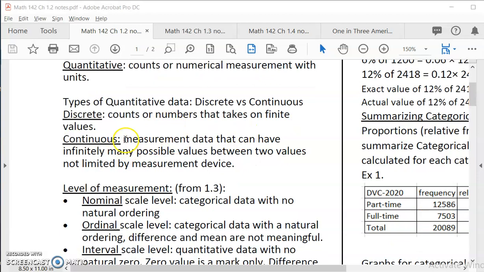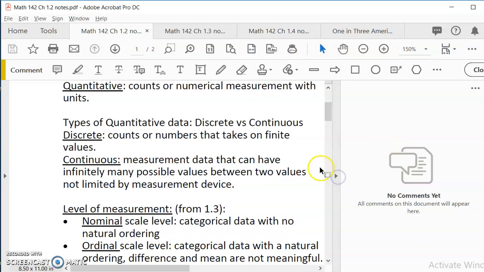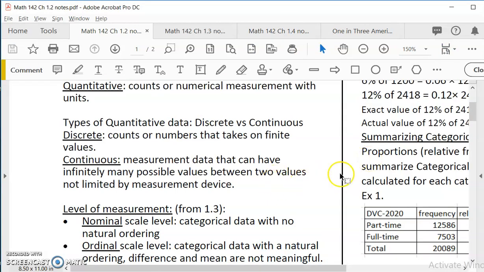Continuous data are usually measurement data that can have, and I want to emphasize the term can, infinitely many possible values between two values. When we measure them, we sometimes find that it seems like we rounded them, but it's just because we don't have a very accurate measuring device. Then they are called continuous data.